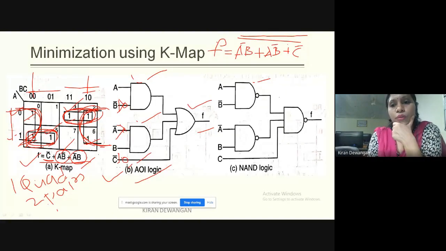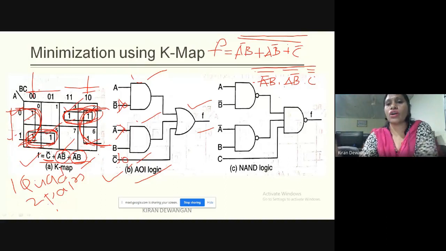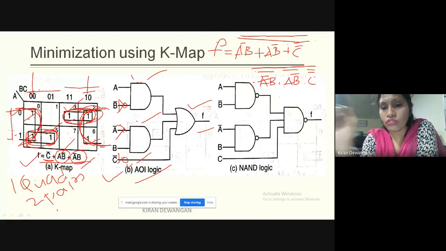After applying double complement, I'll get A bar B bar, right? Dot, then AB bar bar dot C bar with one more bar and a complete complement. Here, because we are reducing only the lower complement, the upper complement will be as it is. So just by applying De Morgan's theorem, this is becoming in this format.